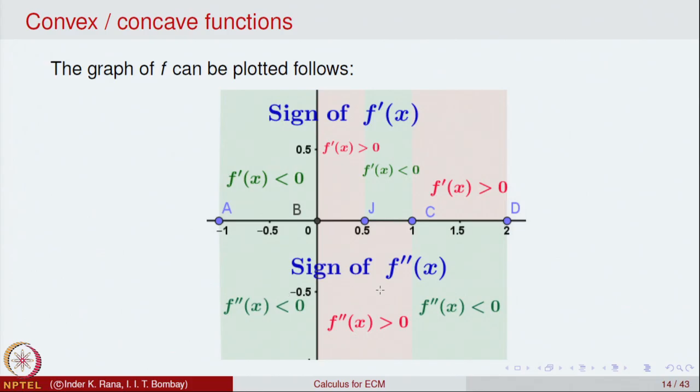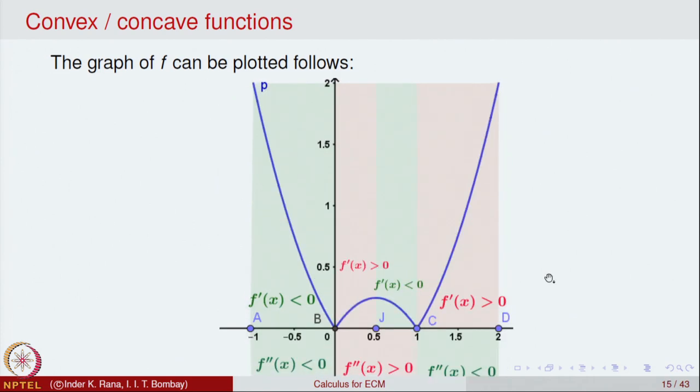So, this data can be plotted for the function, and we can plot a function this way. So, in this portion the second derivative is less than 0, so it is concave down, right, it is concave up and so on. So, this is the graph of the function by looking at the various properties of the function. So, that is how the graph is drawn.